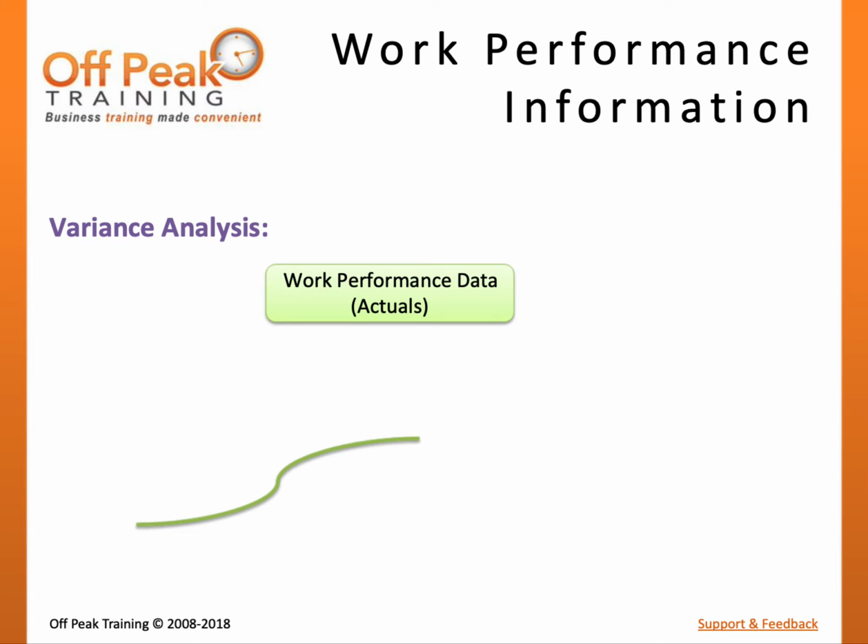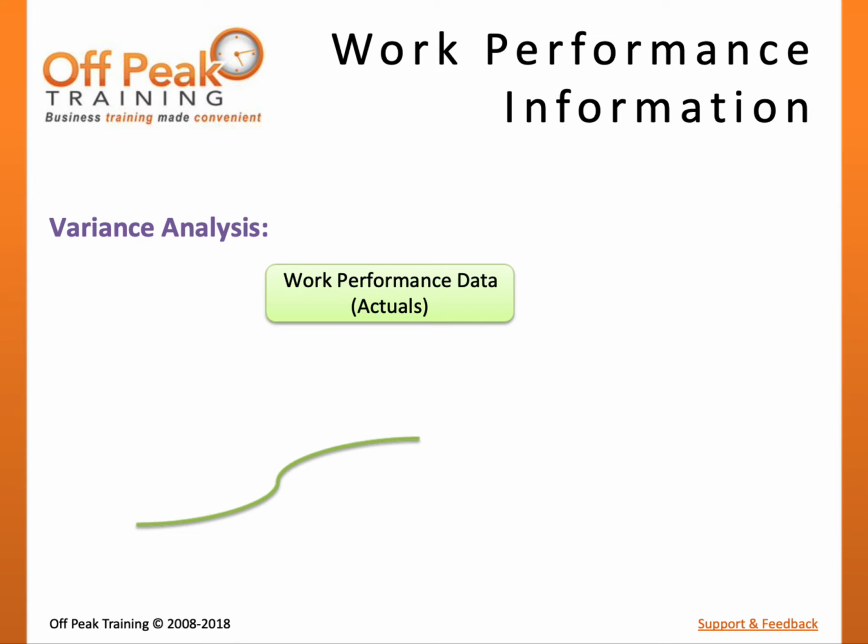Work performance information is a lot like work performance data, but with value added. Work performance data is an input to the control schedule process. While this can be useful information, it has very little use without context. For example, a resource telling you how much work they have completed doesn't tell you much unless you know the work that they should have completed.